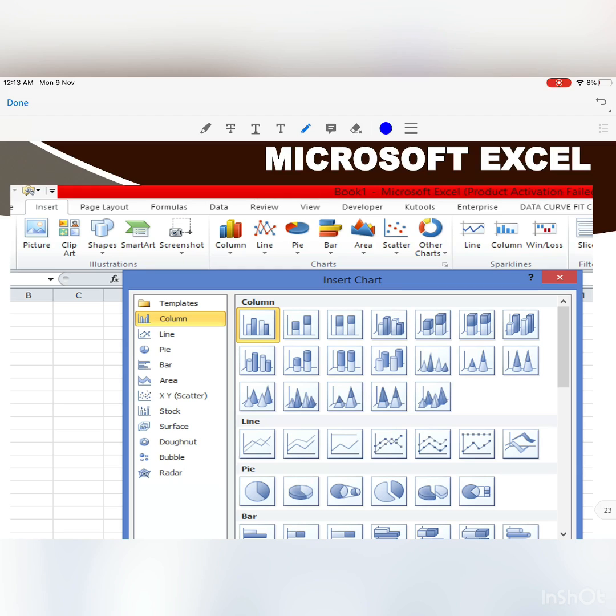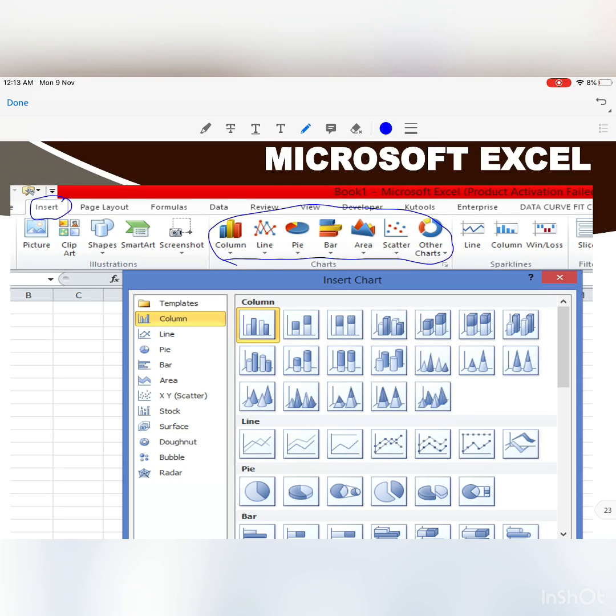In Excel, when you look at your Excel, you can see a lot of graphs you can choose. You go to Insert here, and then you can see the types of graph here.